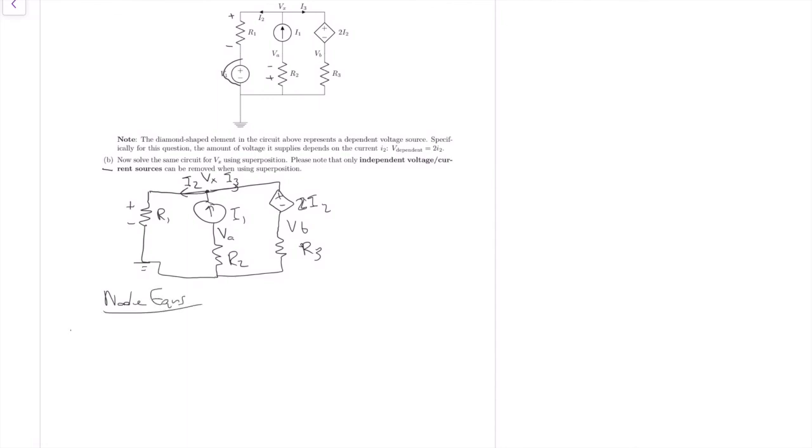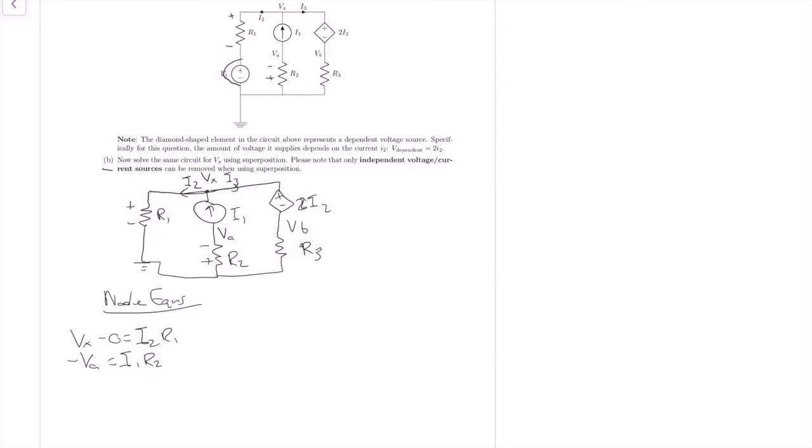And the first one will just be Vx minus 0 is equal to I2R1. The next one we can do across R2. VA is equal to I1R2. Oh, negative VA, because we had a plus minus over here. The reason I'm doing this a little faster is because we kind of just did a pretty similar circuit last time.